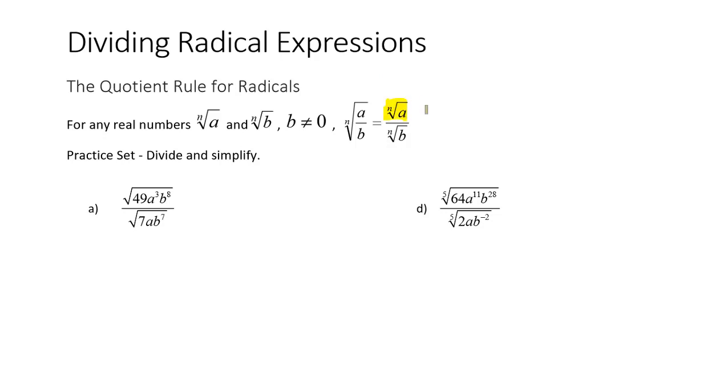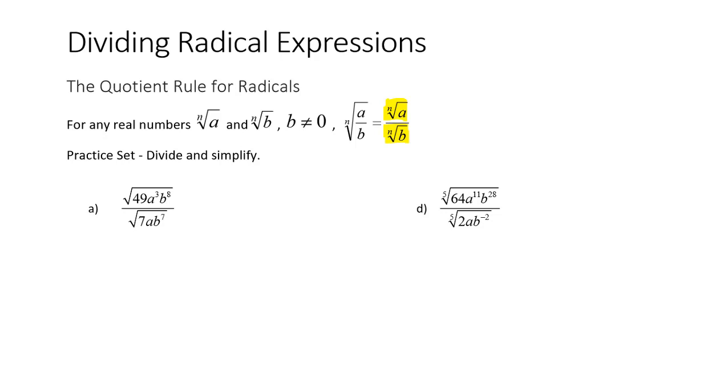We can have the nth root of a divided by the nth root of b instead of the nth root of a divided by b. Basically, if the indexes match, you can take a fraction and break it up into two separate radicals.